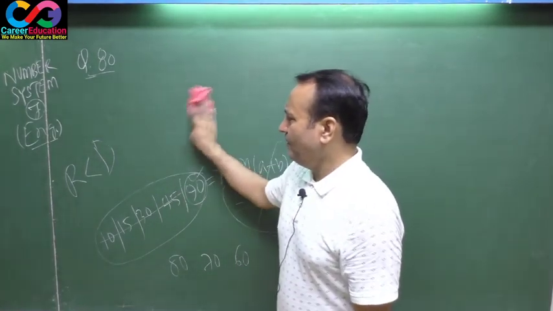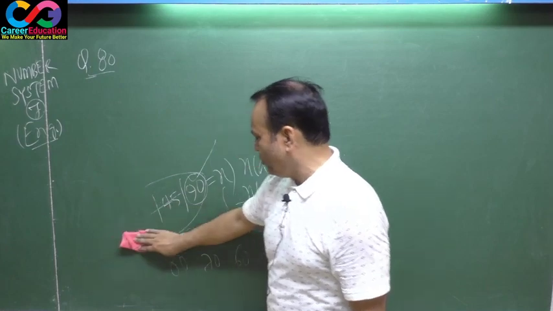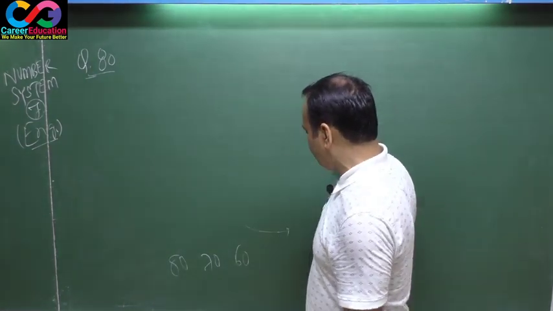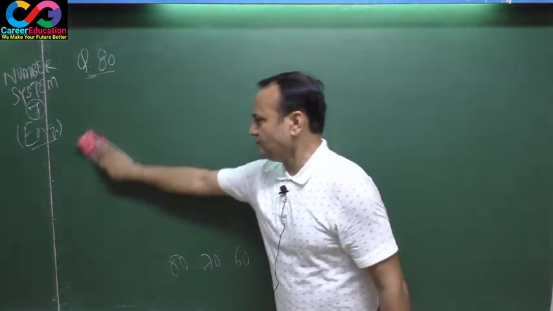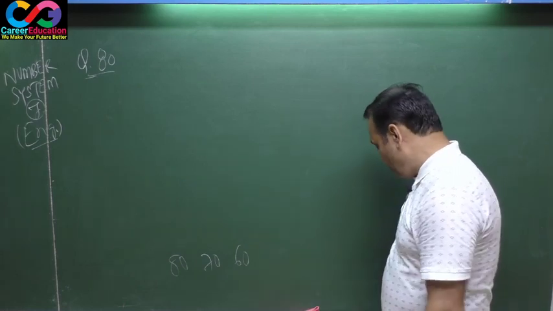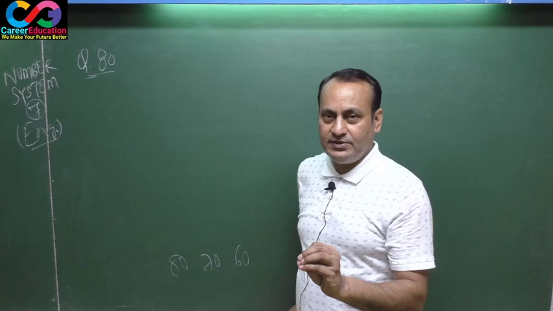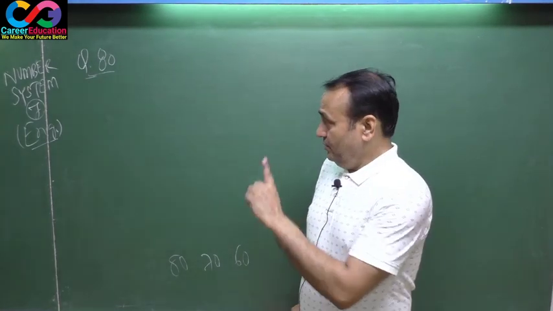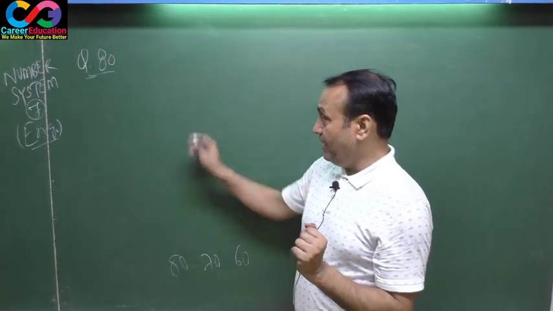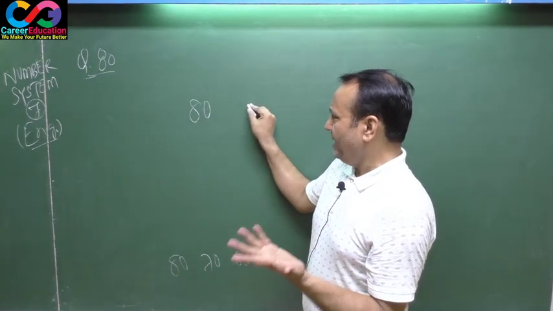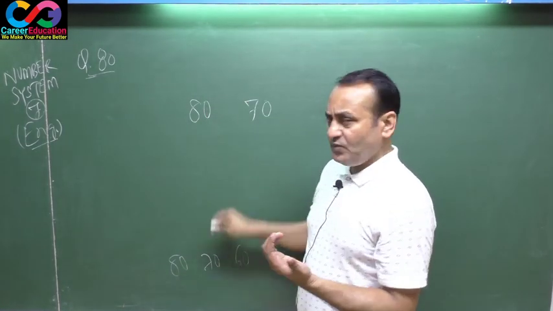Now, what is the tricky approach for this question? The question told you: if a number is divided by x, the remainder is 80. If another number is divided by x, the remainder is 70.